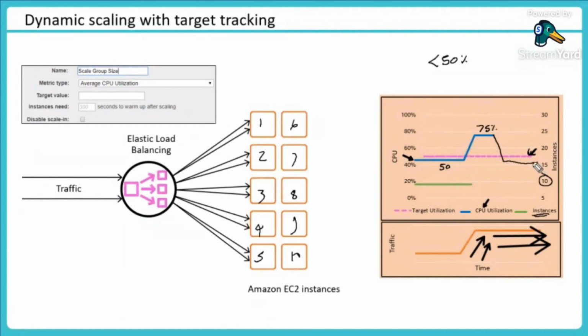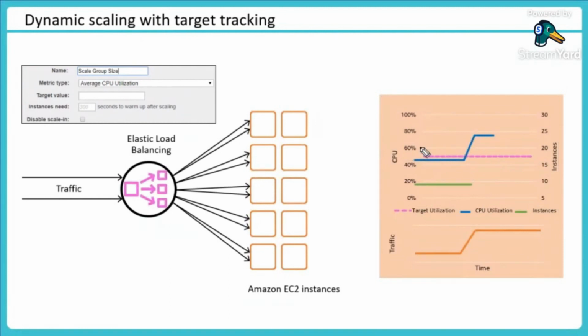So as soon as my CPU utilization goes up, I could see this blue line here, auto scaling will kick in. It will find out, how much is the breach? Breach is like 25%. How many instances can we add so that we could remove that problem? Auto scaling will increase your number of instances.